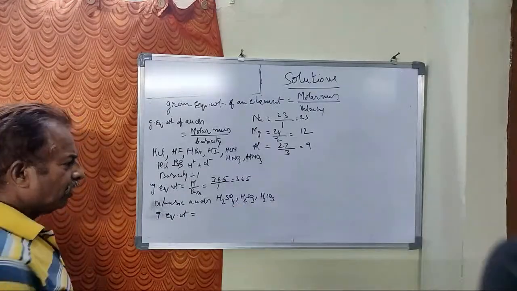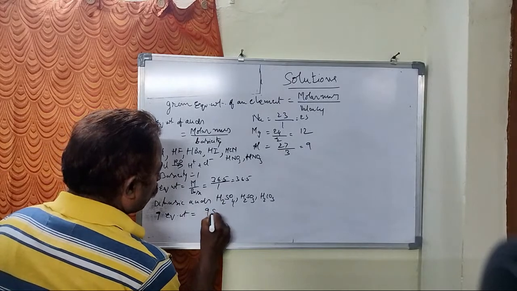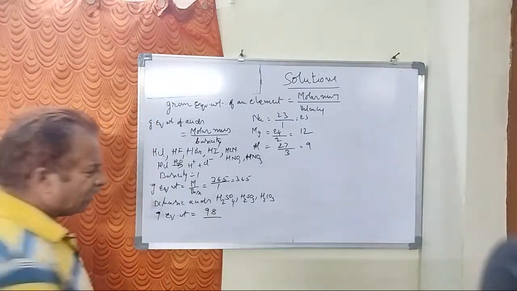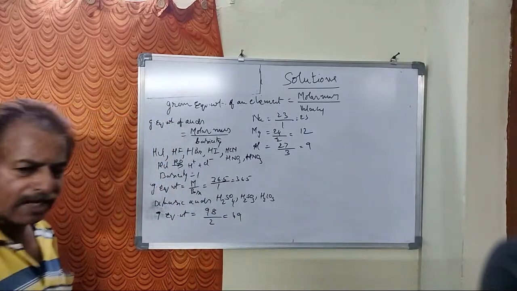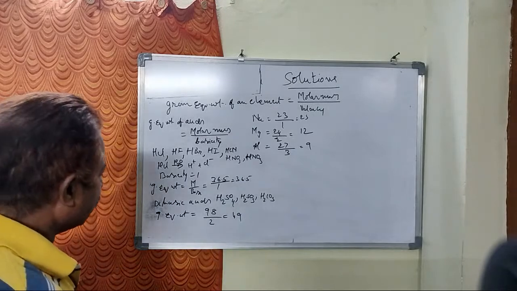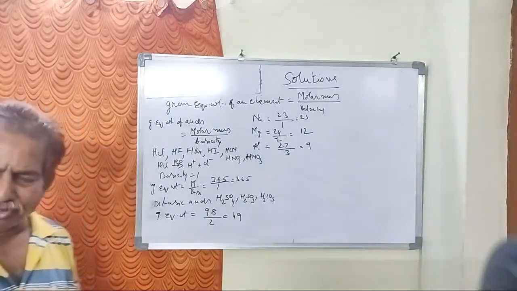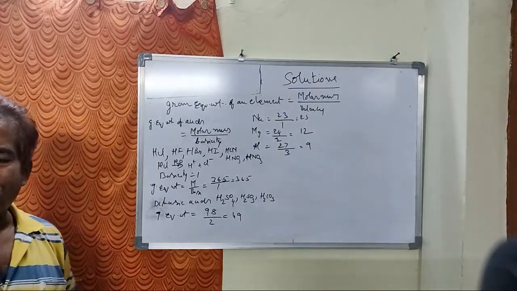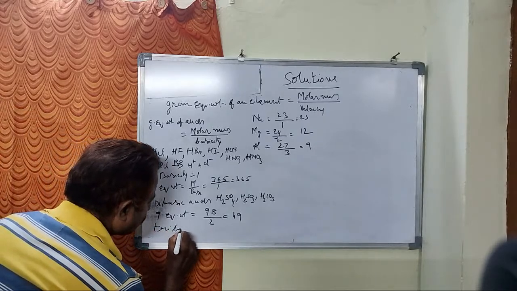Basicity is 2 here. What is the molar mass of sulfuric acid, H2SO4? Molar mass of sulfuric acid is 98 by basicity 2. Therefore, gram equivalent weight of sulfuric acid is 49. So, if 49 grams of sulfuric acid is dissolved in 1 liter of solution, then it is referred to as a 1 normal solution. Similarly, tribasic acids.